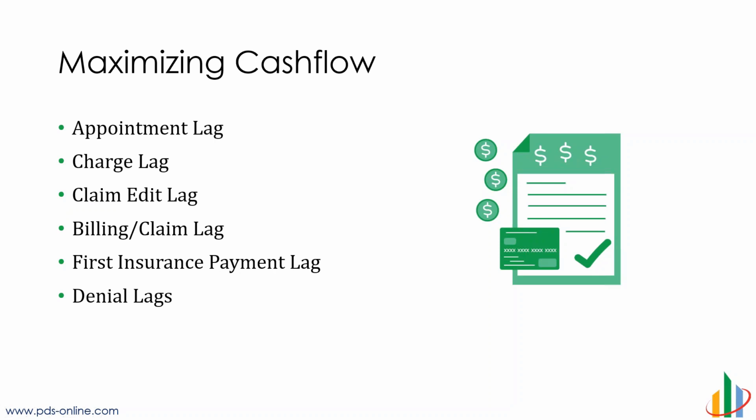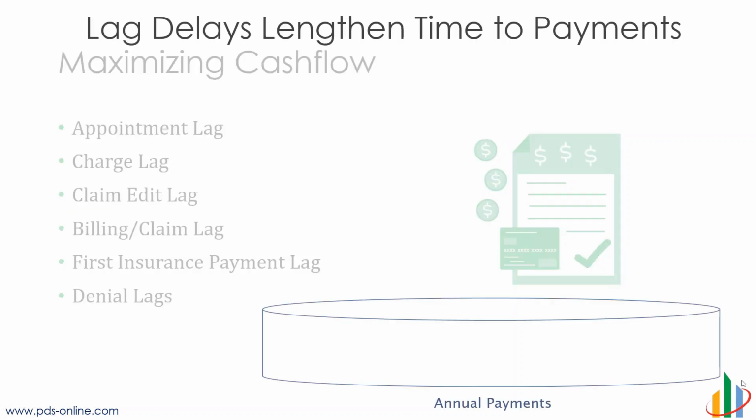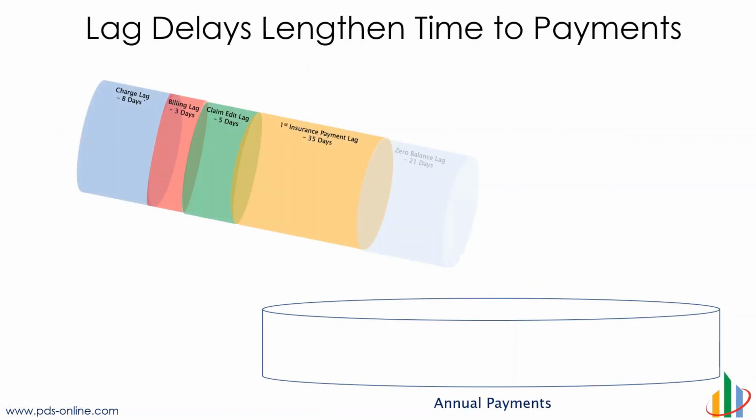And then the subsequent portions of the revenue cycle, when we start adding the number of days associated with each part of the process, whether it be charge entry or when we get that first insurance payment from the insurance company, that number can add up pretty quickly. So being able to measure all the lags really allows us to understand that entire length of the revenue cycle.